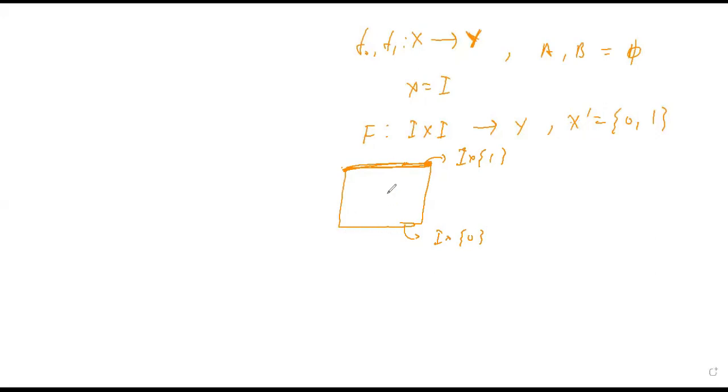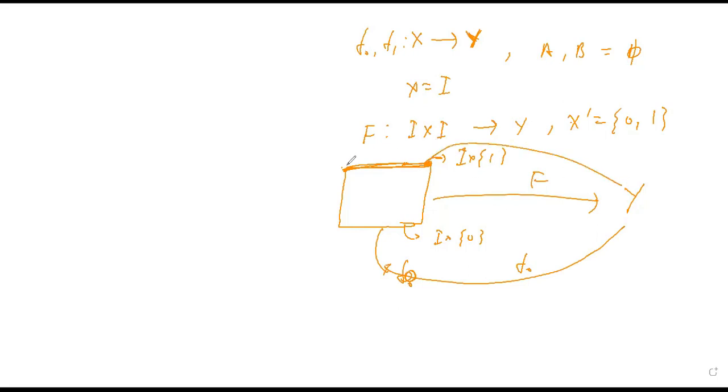When F is restricted over I cross 0, this is going to be f naught, and when it is restricted over I cross 1, it is f1.